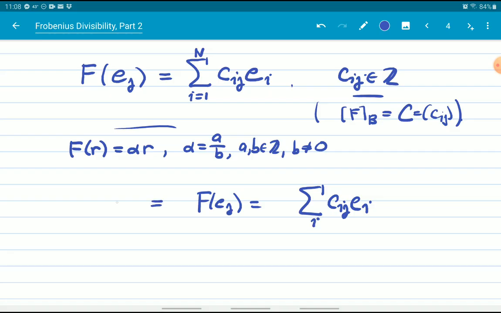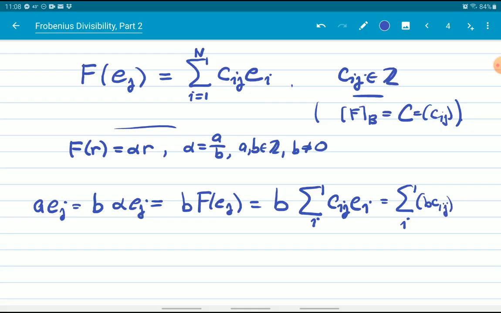On the other hand, this is alpha times ej. Can I say something about alpha times ej? Well, I can, because alpha is a rational number. In fact, it's easiest if I just multiply through everything by b, which is non-zero, remember. b times alpha is the integer a, so that's a ej. The right-hand side is a Z-linear combination of basis elements.